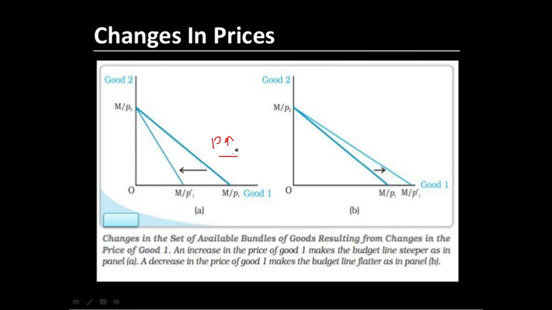So when the price increases, the budget line will rotate towards the left side, and when the price decreases, the budget line will rotate towards the upward direction. This is the lower direction, this is the upward direction.